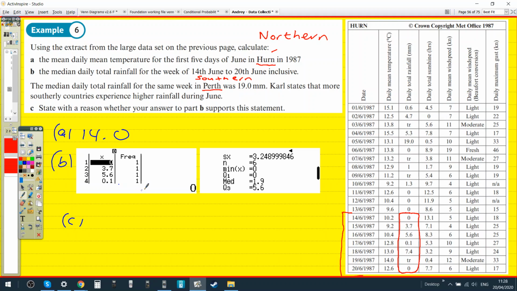So our answer was 1.9 millimeters. Yeah. And then his one was 19. Say the reason. Yes. So Perth had way more. 19.0 is greater than 1.9. Let's take a look. I hope so.